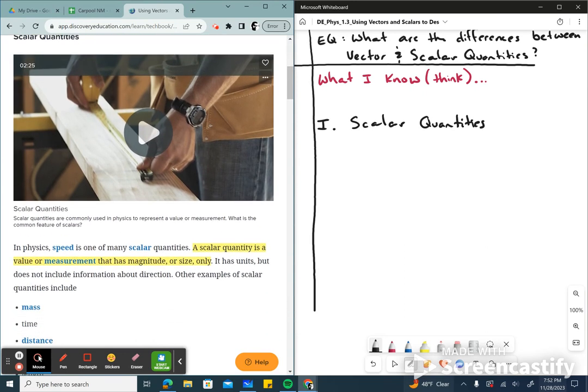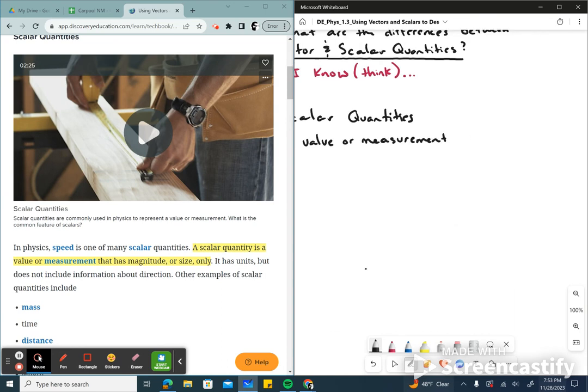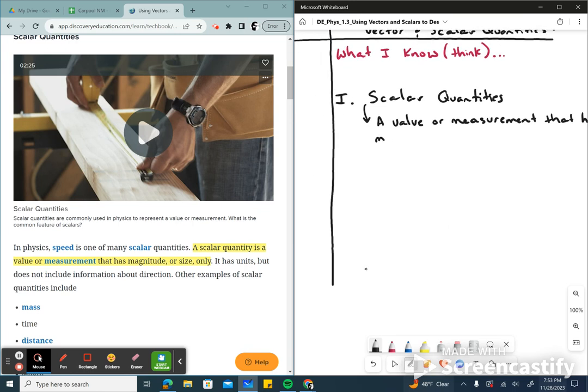If we look at this definition here in yellow, a scalar quantity is a value or measurement that has magnitude or size only.